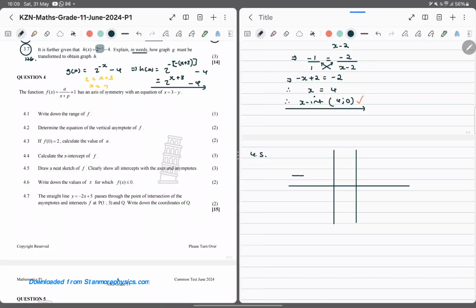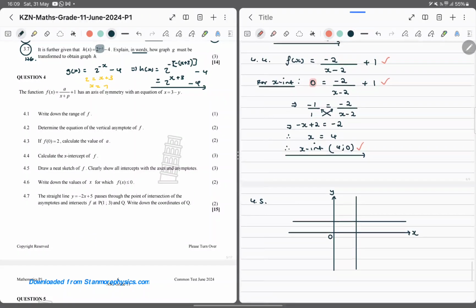I can say this is 1 over here. It really doesn't matter where the 1 is or the 2 is. So this is the x. That's the y. That's the origin. Now, we know that when this is the case, a is negative, so the graph is in the 2nd and 4th quadrants. Now let's see. This one goes like so.